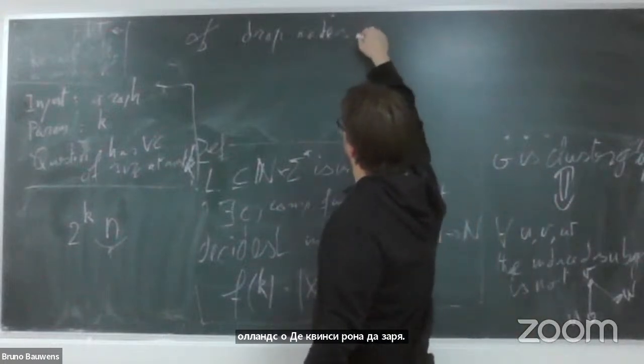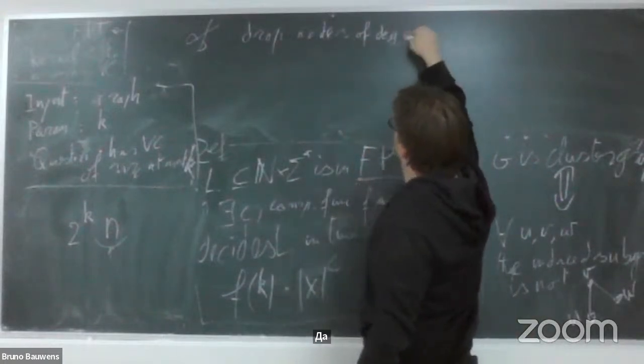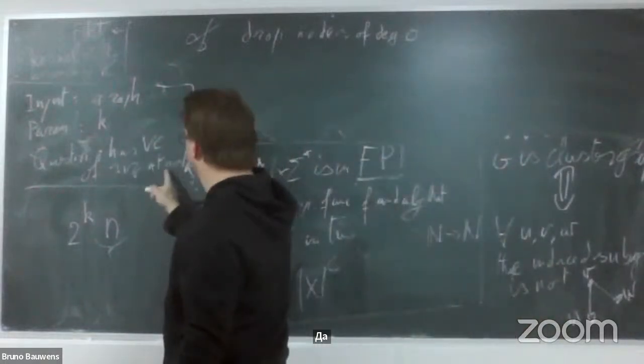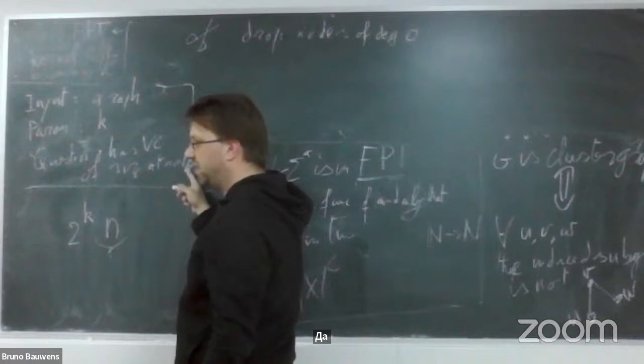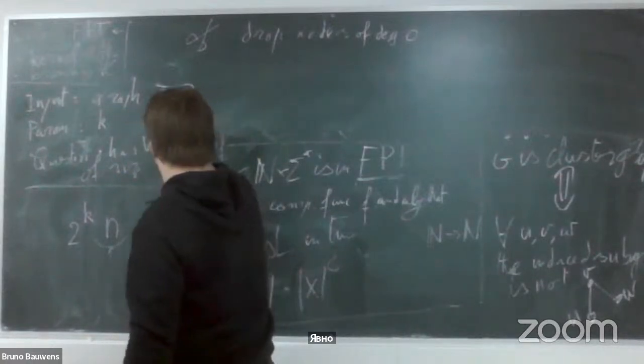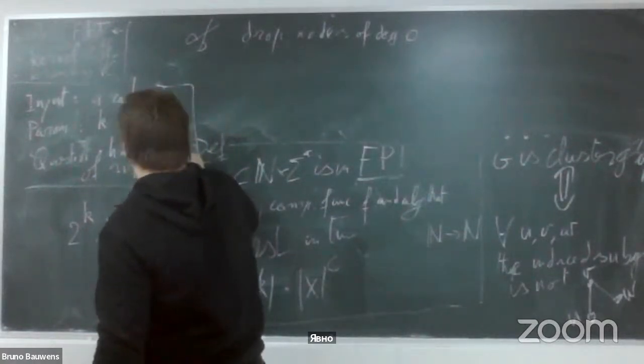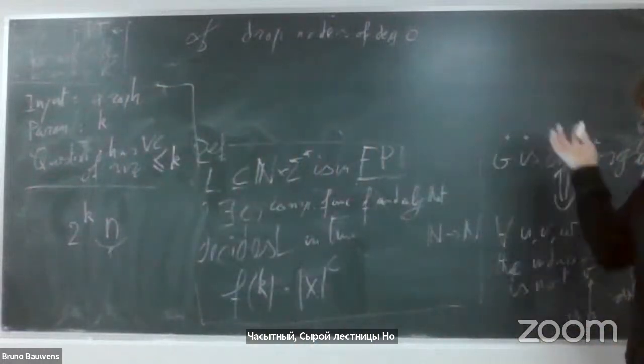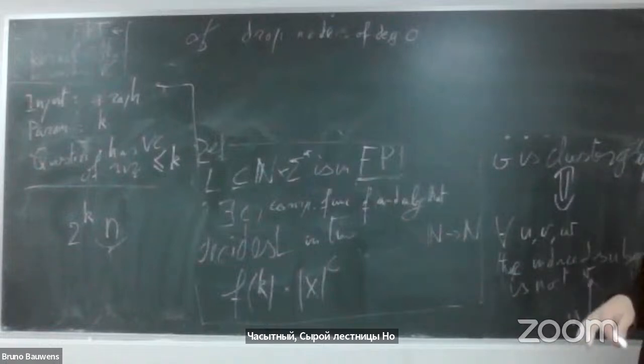Can you repeat what's the parameter? The parameter is the size of the vertex cover, of size at most k. Now it's at most. The clique and independent set should be large, while the vertex cover should be small.